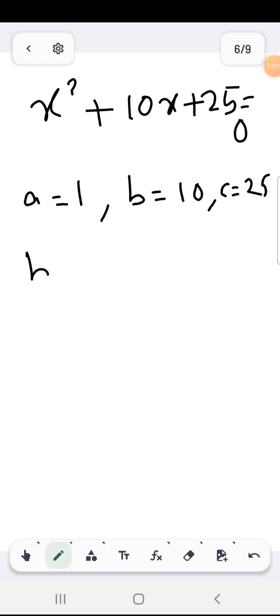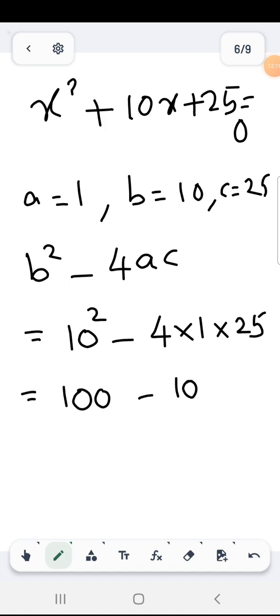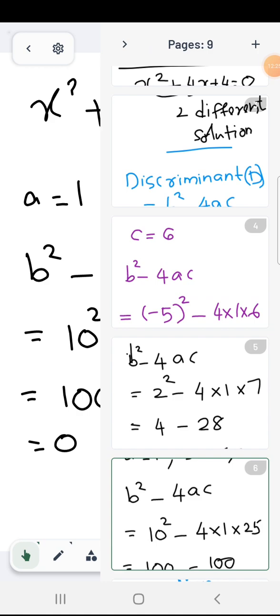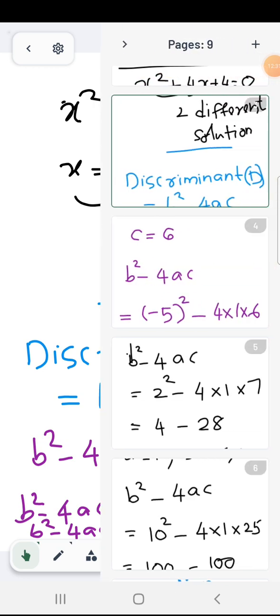If we find the discriminant, b square minus 4ac is going to be 10 square minus 4 times 1 times 25, which is 100 minus 100 equal to 0. So if b square minus 4ac is 0, then the condition says we will have repeated solution. So whatever be the answer, it will repeat.